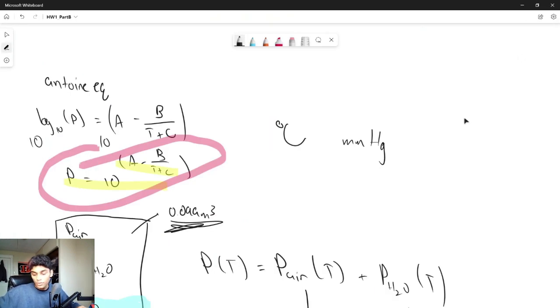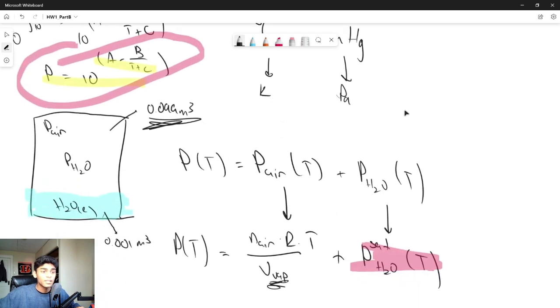We just have to make sure that we convert degrees Celsius into Kelvin, or we have to go the other way around. It'll depend on how we want to convert it. And millimeters of mercury have to be converted into pascals, because that is what we are using in our equations here.